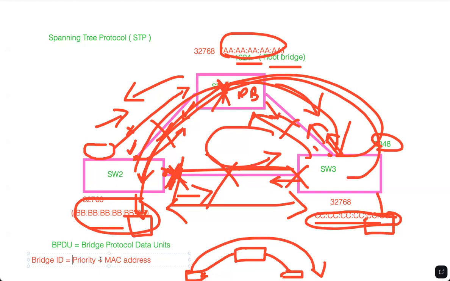If all the priorities are matching, then whichever has the lowest MAC address will define the bridge ID. Bridge ID is nothing but this value that we are calling priority, right? It's a combination of the priority that is defined on the switch plus the MAC address. So if you don't create any priority, you will see the priority as 32768 as a default value on the switch itself. That is the default spanning tree priority defined on the switch.